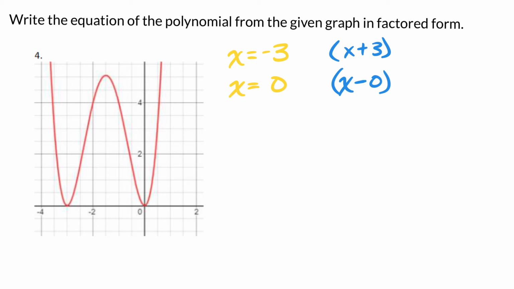Those are the only factors we have. Now we're going to quickly learn that they're not singular factors. They're multiplicities. Now what is x minus 0? X. And then x plus 3. So this is what we have.